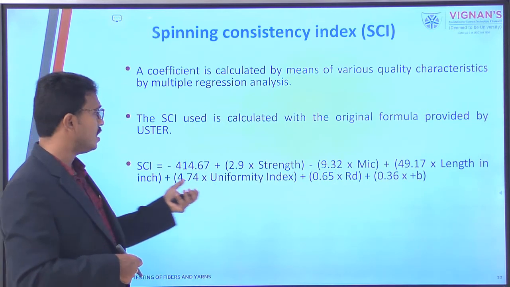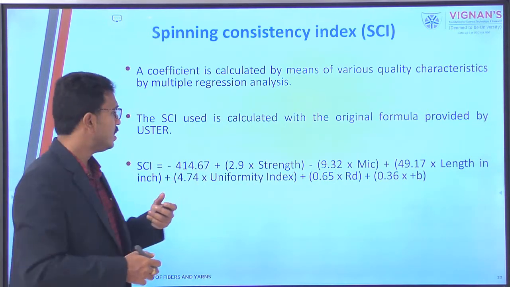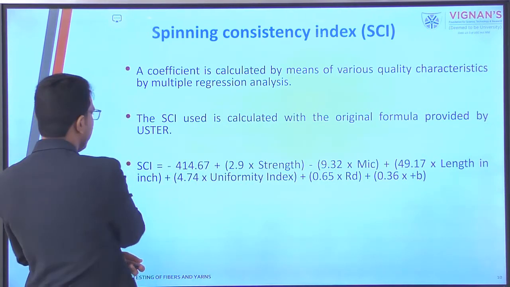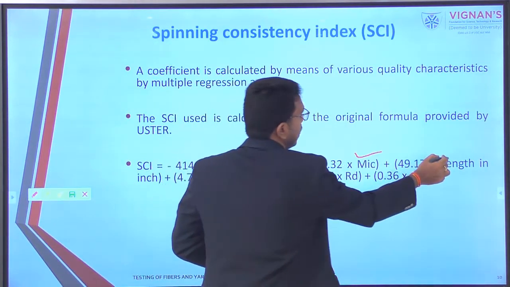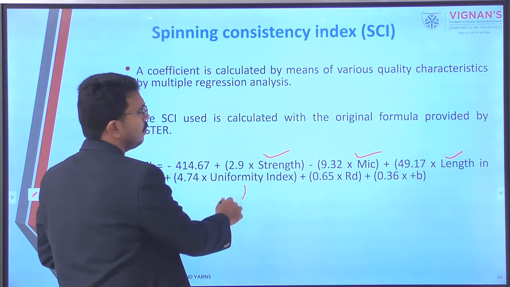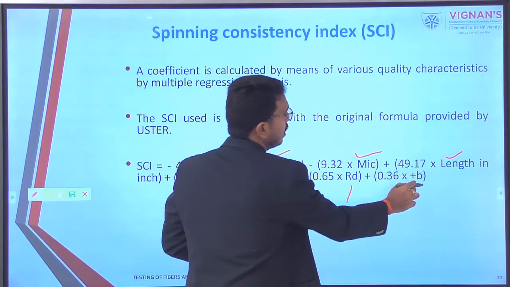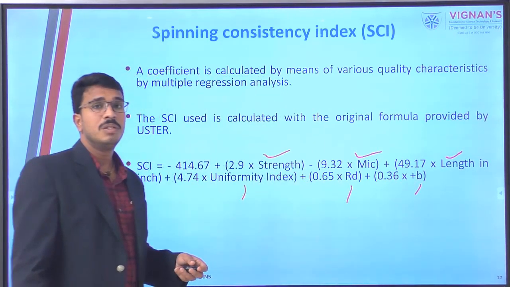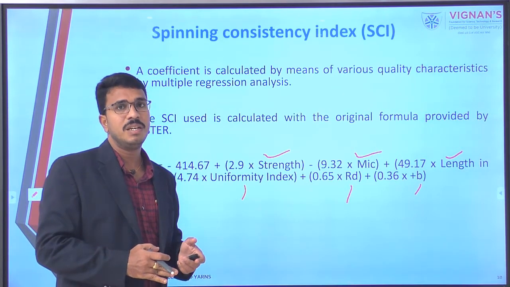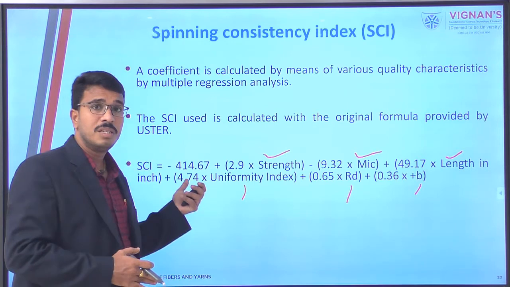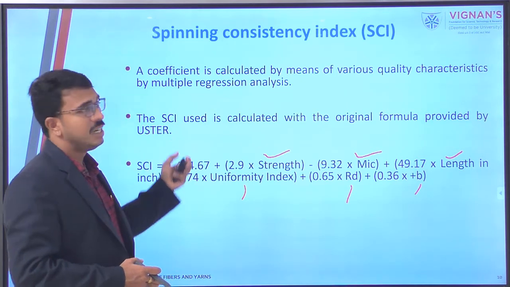Now you can see this is the formula. Here strength is considered, Micronaire is considered, length is considered, uniformity index, RD value and then plus b value. So all the fiber related characteristics are considered here to find out this spinning consistency index.